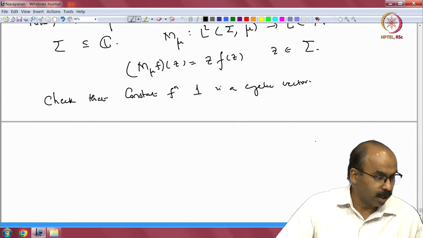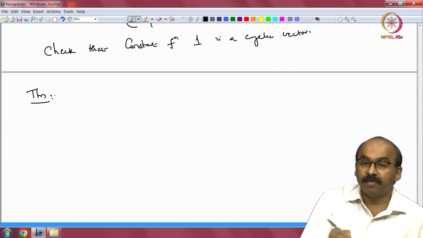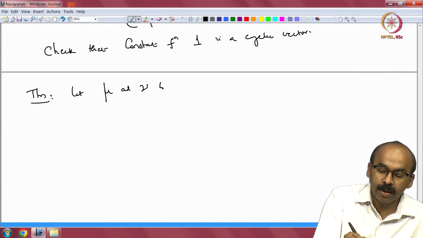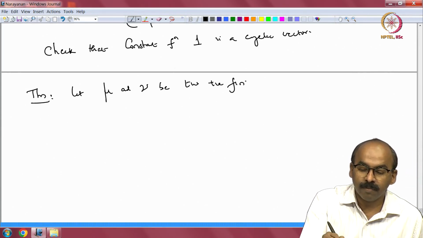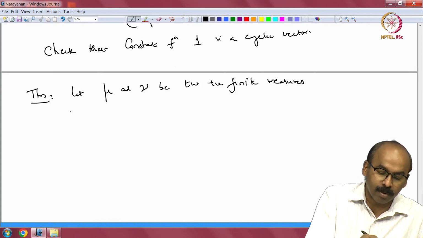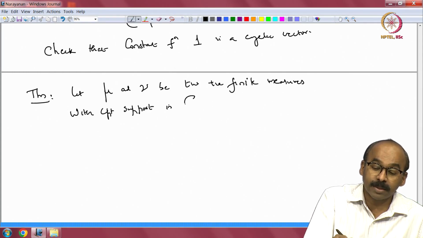Okay. So, the theorem is whatever we did earlier for self adjoint operators. Let mu and nu be two positive finite measures with compact support in the complex plane now.